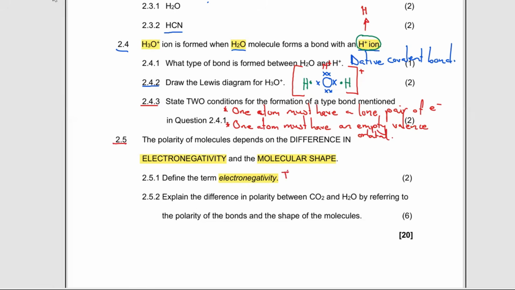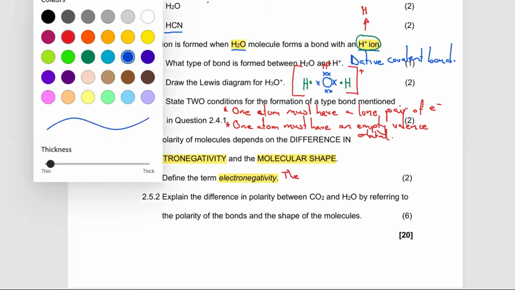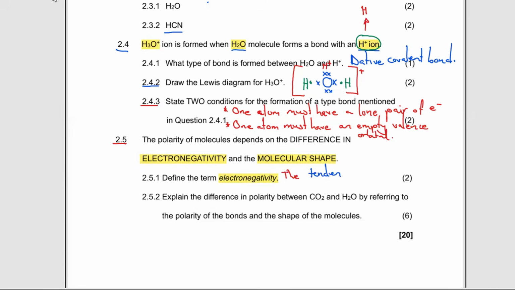So I'm going to write it down here, let me change to blue: the tendency of an atom in a molecule to attract bonding electrons closer to itself, or towards itself, like that. That's how we define electronegativity.